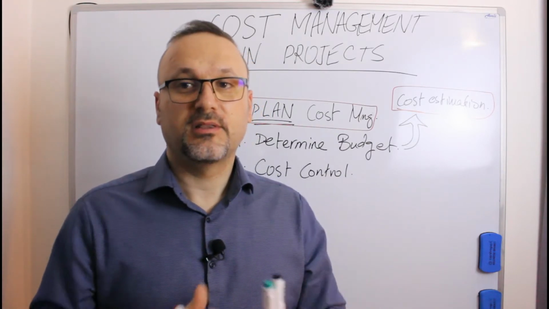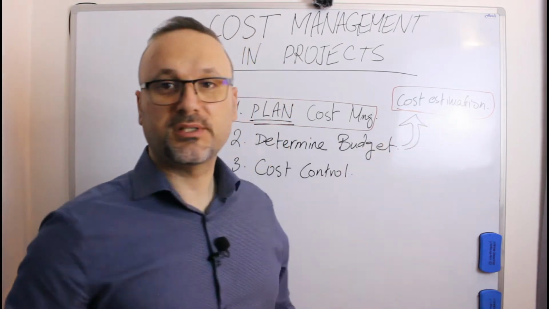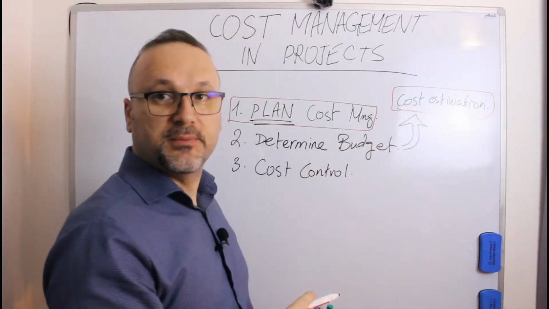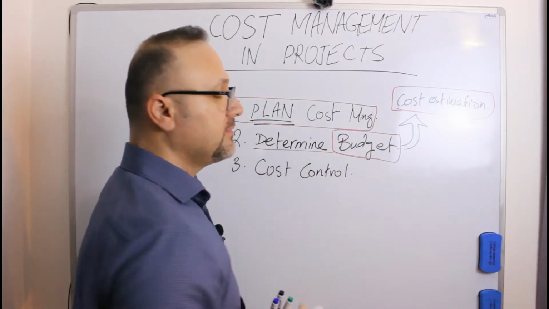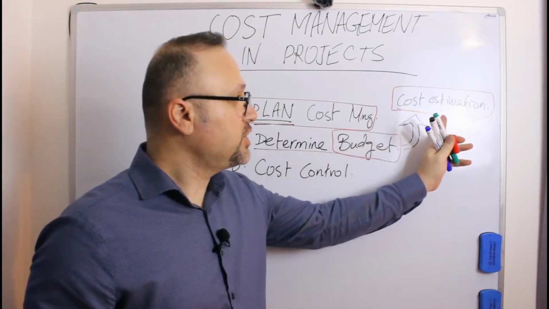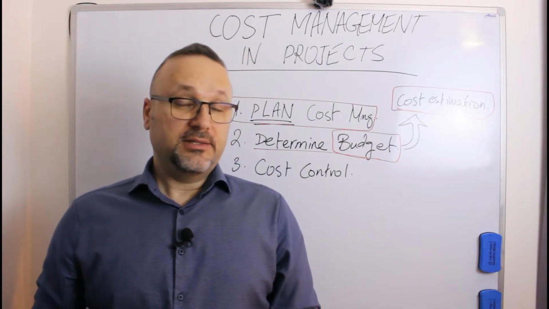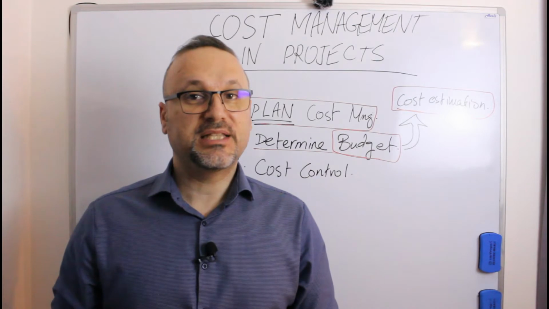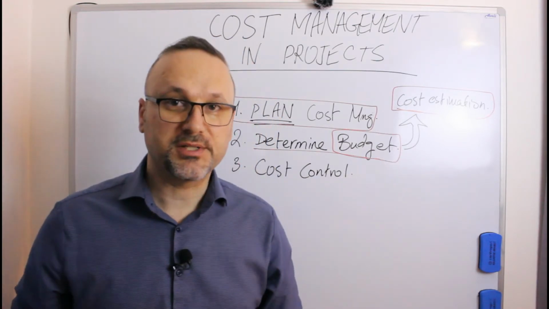All these, time means money. So you are estimating the cost from your activities. Once you estimate the cost, you need to determine the budget. The budget doesn't mean that I check my estimation and my estimation is telling me that this activity costs me $10,000. That doesn't mean that I have a budget of $10,000.